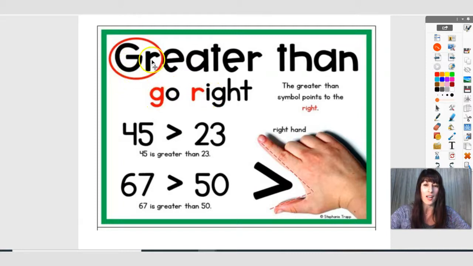G for go and R for right. So you're just going to place your alligator this way. Go right. It's going to be facing to the right, open to the right. So this is how you can remember. The greater number will have the alligator this way, or the symbol that way.